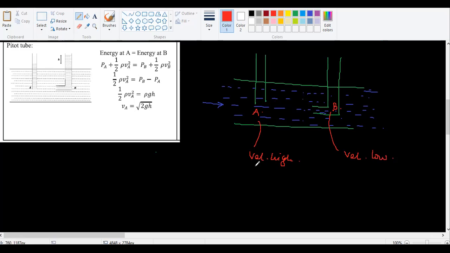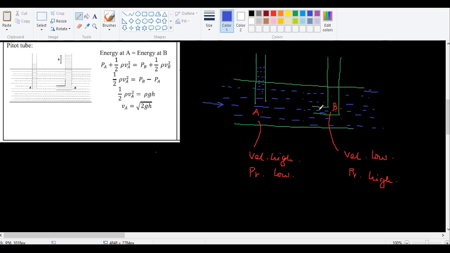Which means that you know the pressure here should be low, and the pressure here should be high, according to your Bernoulli's principle. Since the pressure here is low and here is high, there will be a height difference, because this is low pressure, so the water level here will be lower.